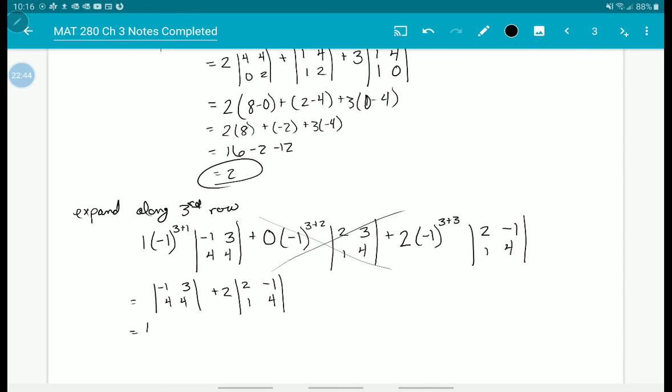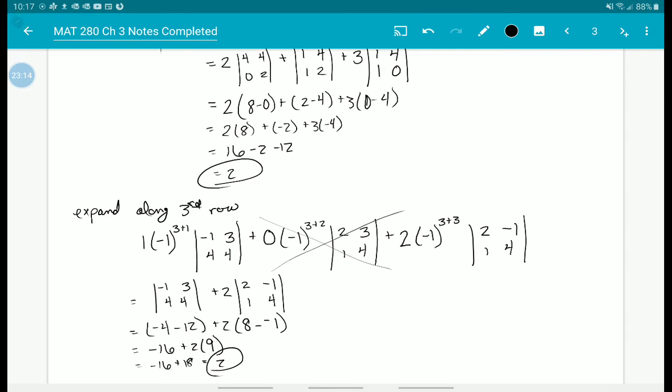So we have negative 4 minus 12 here. Plus 2 times, this is 8 minus negative 1. Negative 16 plus 2 times 9. So negative 16 plus 18 gives us a 2. So we're going to get the same answer that we got above, just using a different expansion.